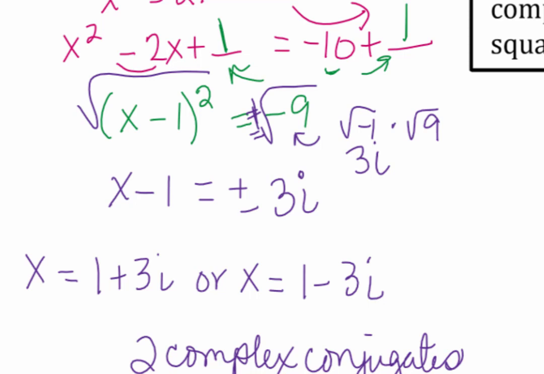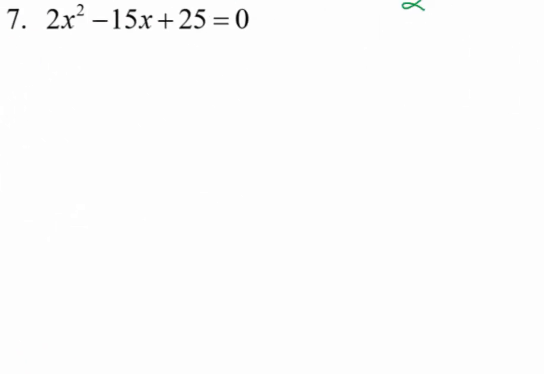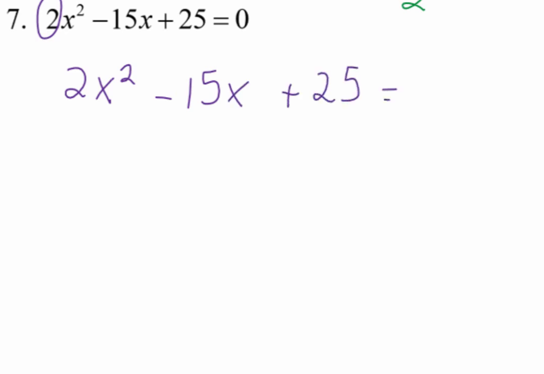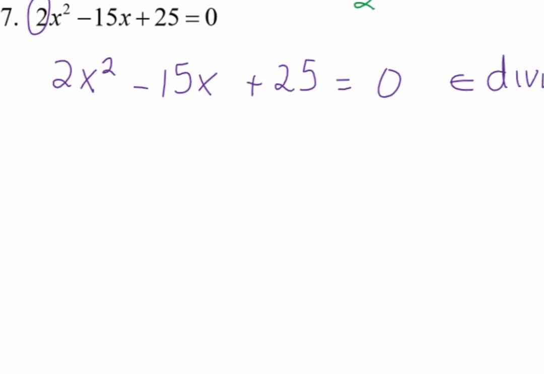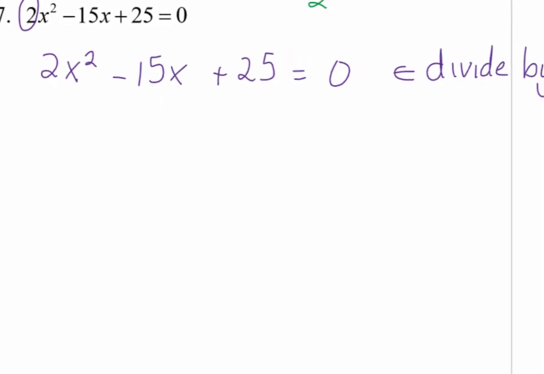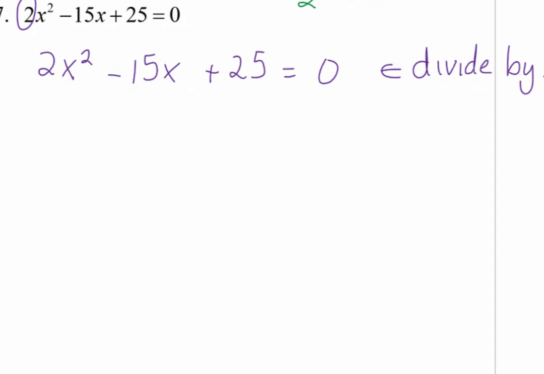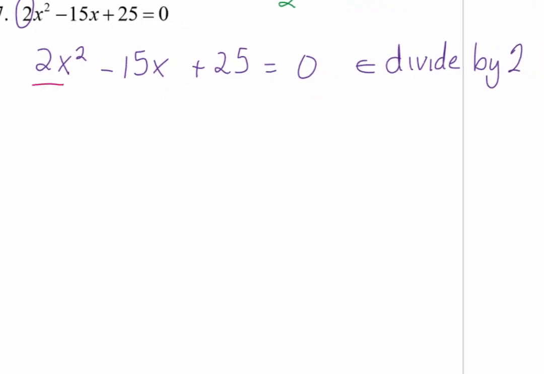Look at number 7, because our A is not 1. So we're going to have to divide everything by 2. So let's rewrite. Just rewriting the problem here. And the first step is divide by A, which happens to be 2. So everything gets divided by 2. Just like that.